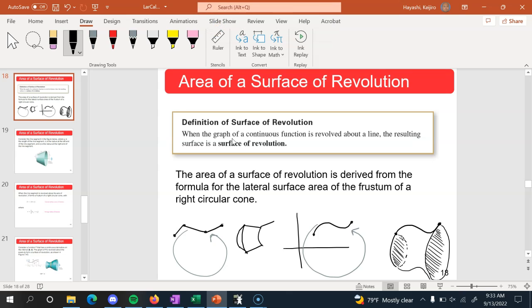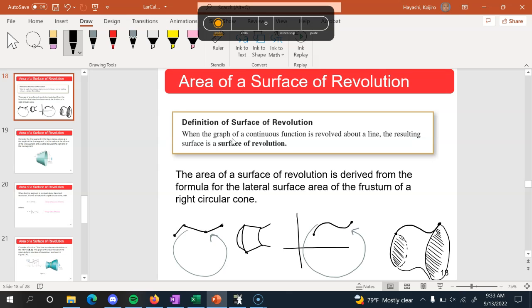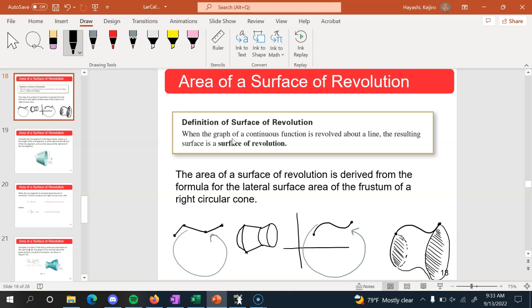And frustrums of cones have a surface area. And the more line segments you break up the curve into, the more frustrums you can break up the resulting surface into, and the closer of an approximation that you can get.